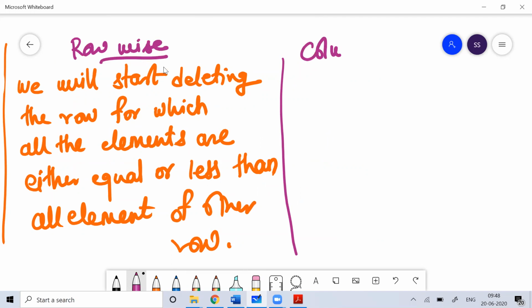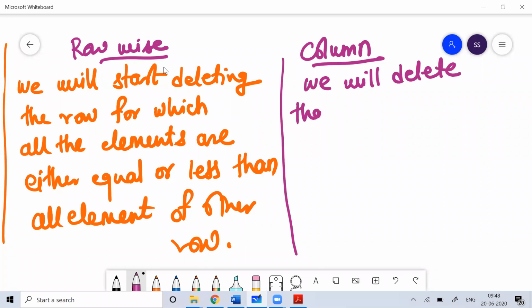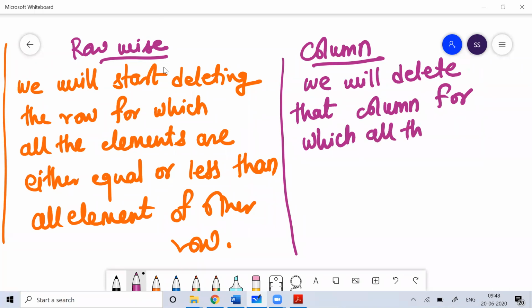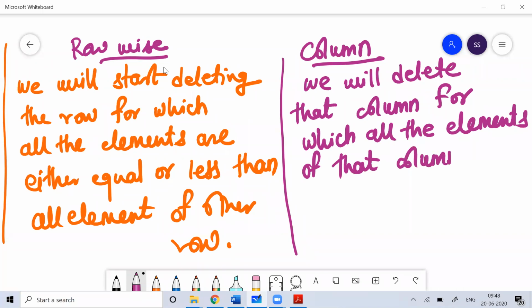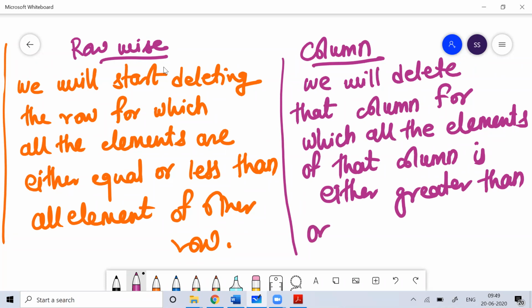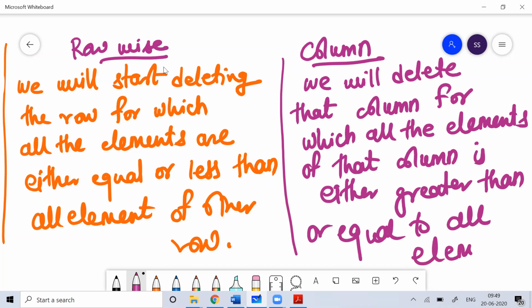Now, if I talk about deleting a column, we will delete that column for which all the elements of that column are either greater than or equal to all the elements of the other column.